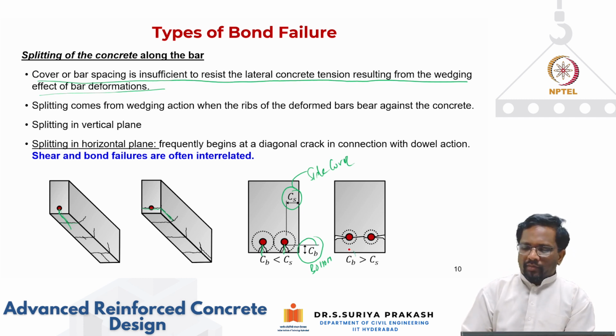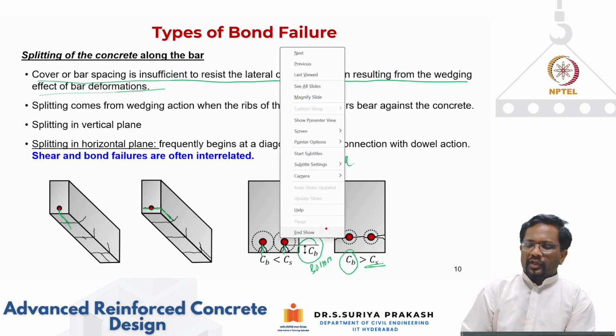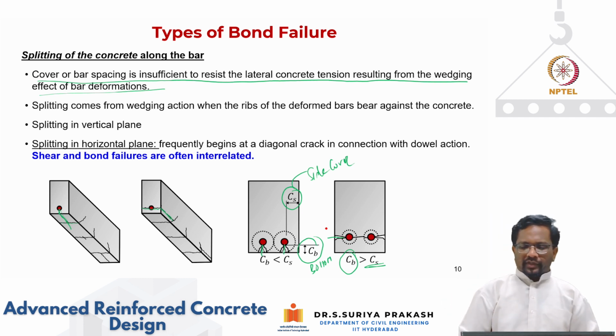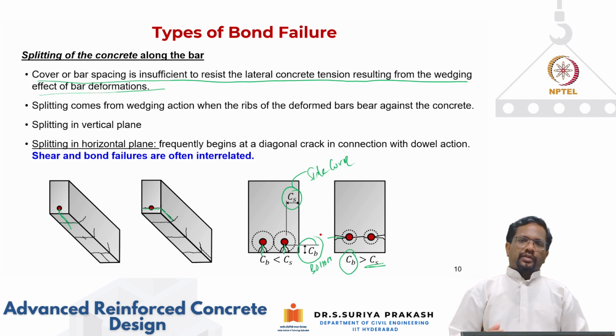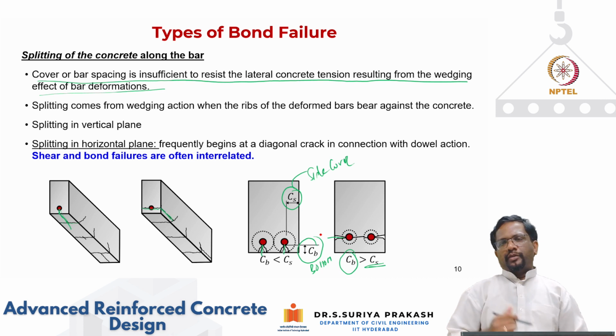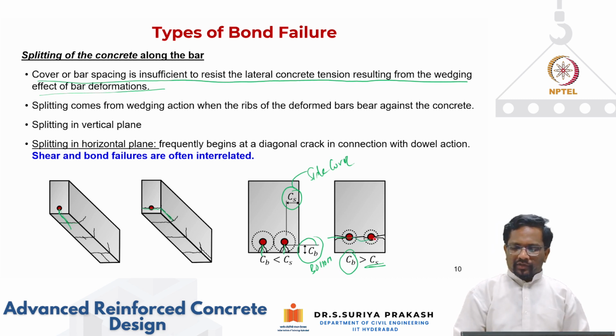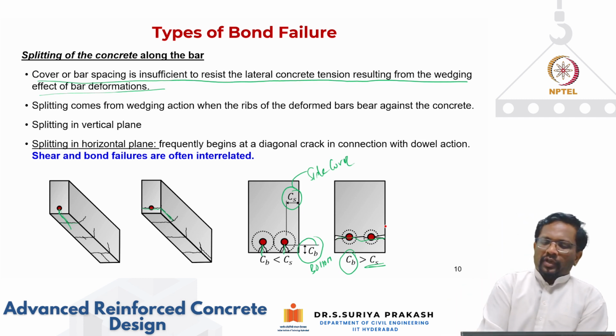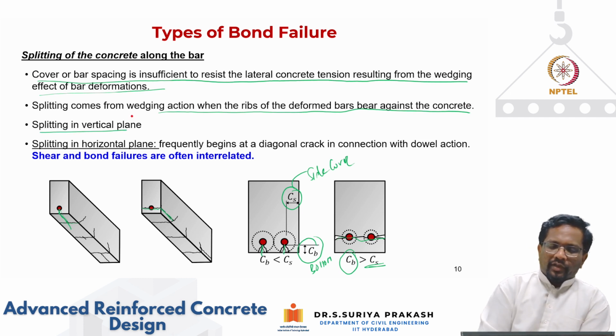Now, if your bottom cover is much higher than your side cover, then because of these radial forces, you will develop lateral splitting tensile stresses. Because I am having a side cover less than the bottom cover, the splitting can happen in the horizontal direction like this. So splitting comes from wedging action when the ribs of the deformed bars bear against the concrete. That's what we discussed. So splitting can happen in the vertical plane like this, or splitting can happen in the horizontal plane like this.